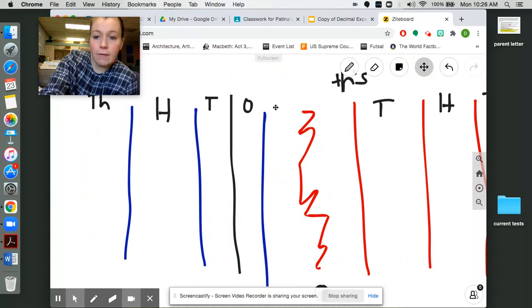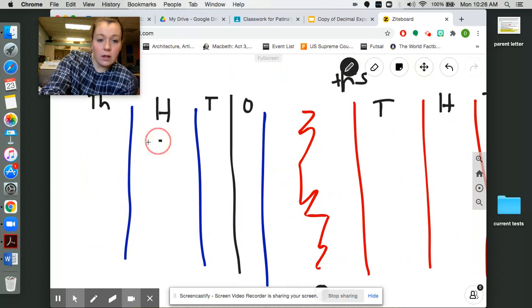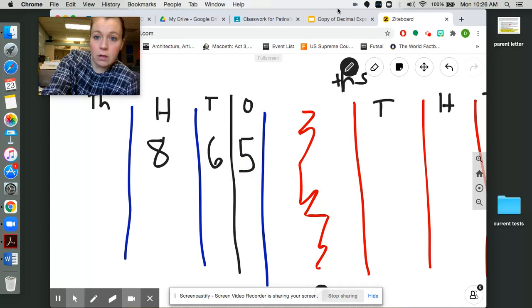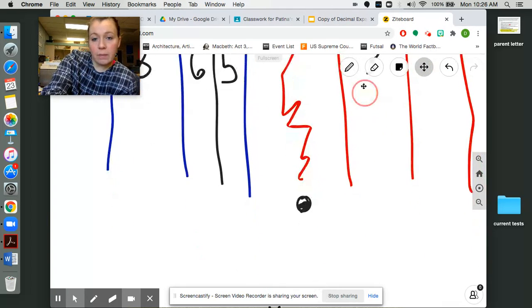I'm going to have an 8 in the hundreds place, 6 in the tens place, and a 5 in the ones place, and a 3 in the tenths place. So that means I have to write this number in expanded form.